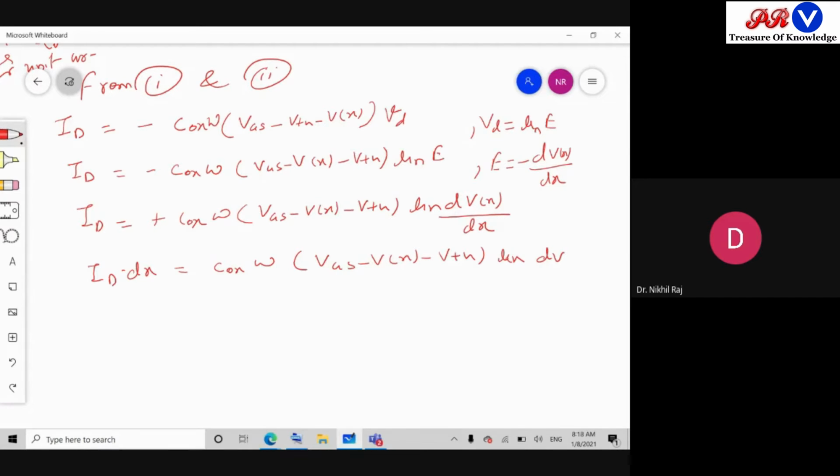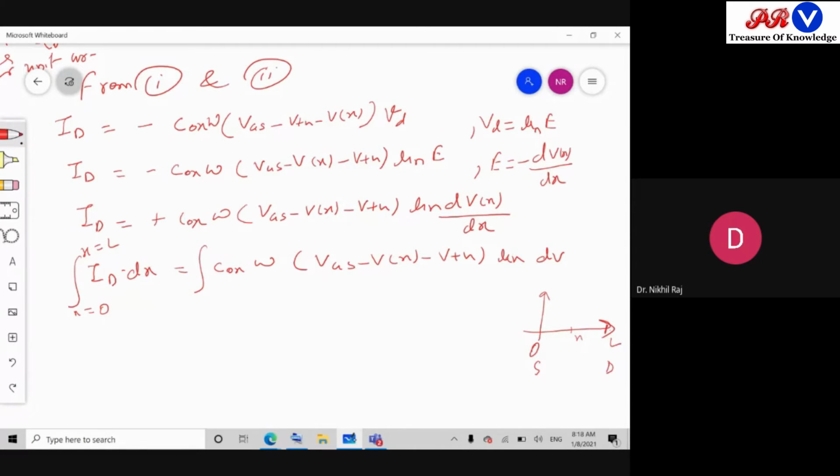Now when we do integration, we should know what the limits are. So what is the X length? We know that the channel was starting from 0 and extending till L, the length L. This was your source end and this was your drain end. So the limit of X will be X equals 0 to X equals the total effective length, that is L.